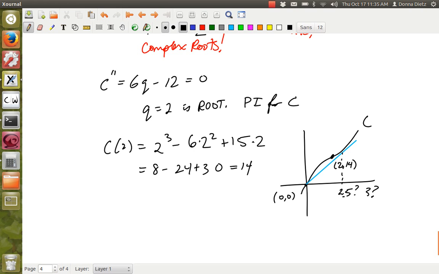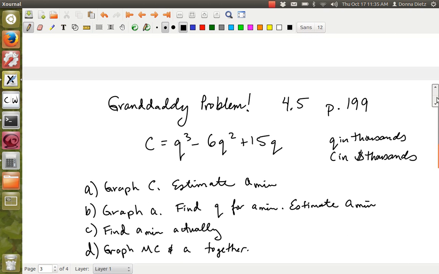And it's going to be a little higher than 14, so if this C value is 14, maybe this point is (2.5, 16). That's my estimate. I have no idea, right? I'm just guessing. But that's what the question asked me to do. It asked me to guess.